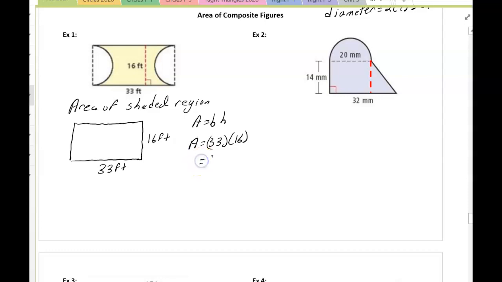And we'll get 528 feet squared. Then we want to find the area of the rectangle without the semicircles. So if you look at the picture here, I'm going to shade, that's half of a circle, that's half of a circle. So I'm going to find the area of the circle.